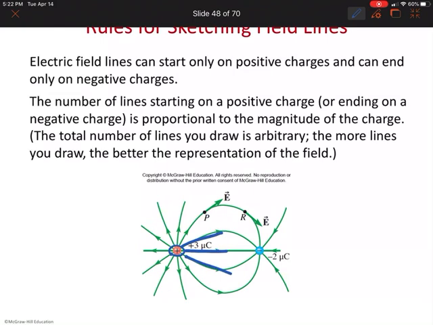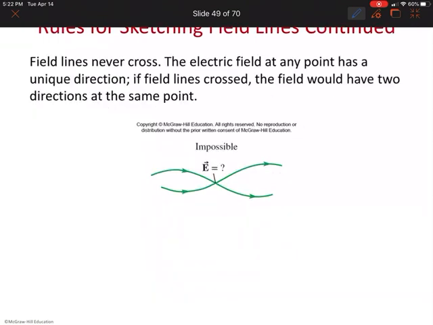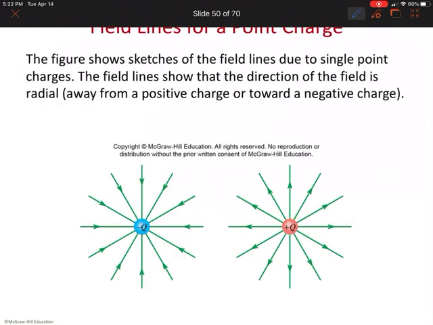Okay? And it is also saying here that the number of lines is proportional to the magnitude of the charge. So the total number of lines that you draw, the more lines, the better representation of the field. This is just saying that it's impossible for those electric field lines to cross like that. This is showing you a single point charge, a negative and a positive.